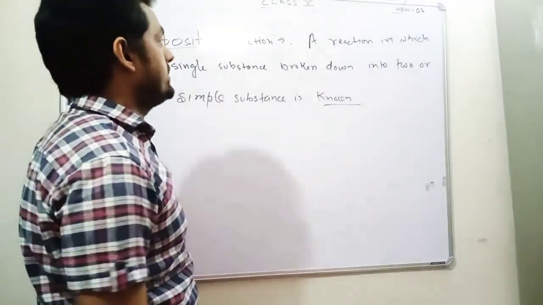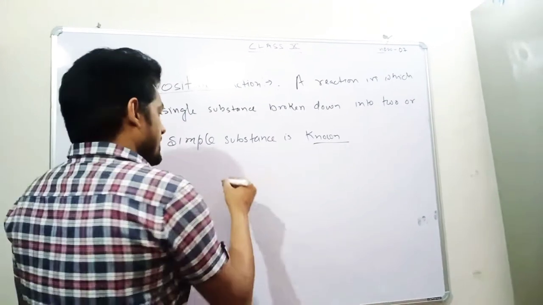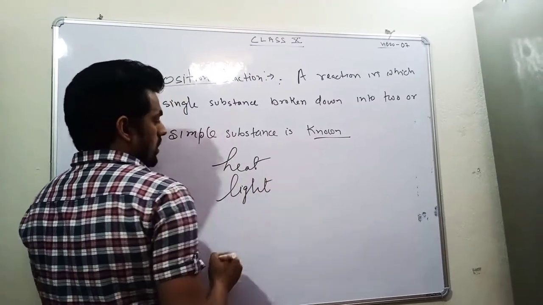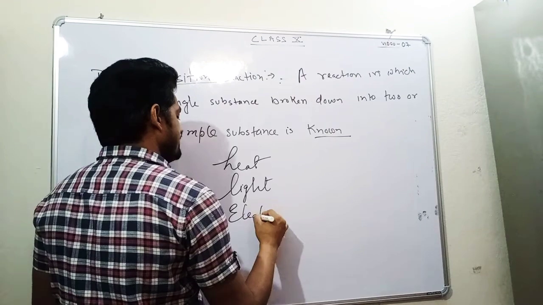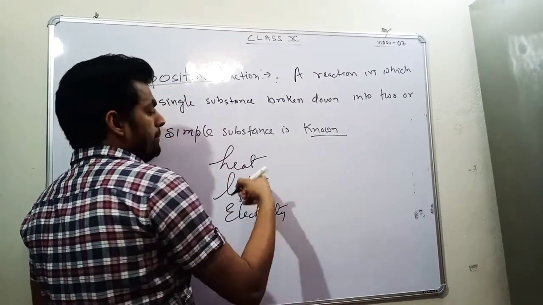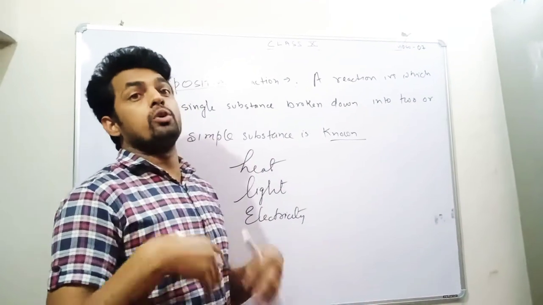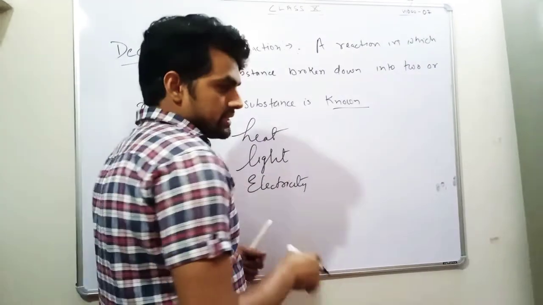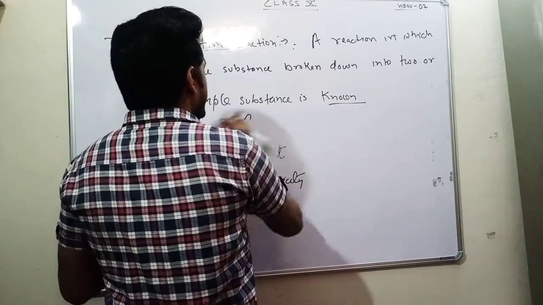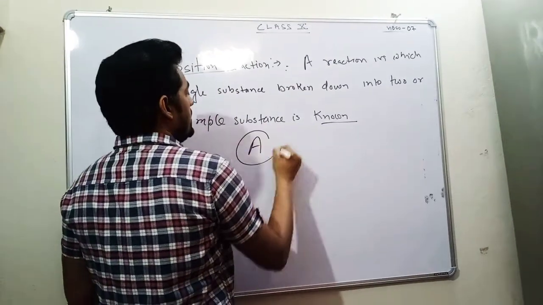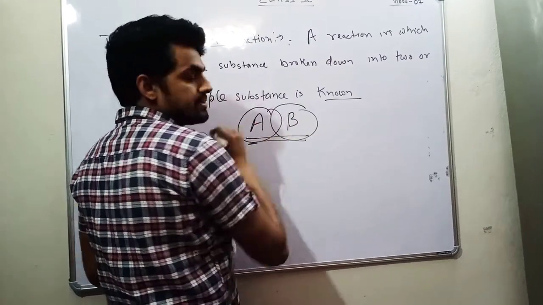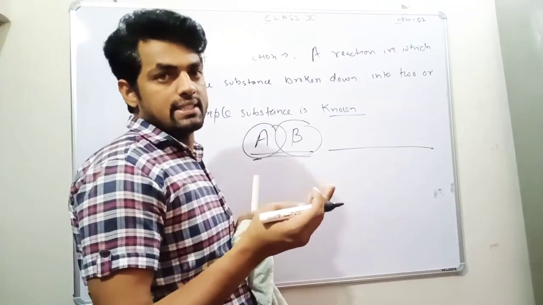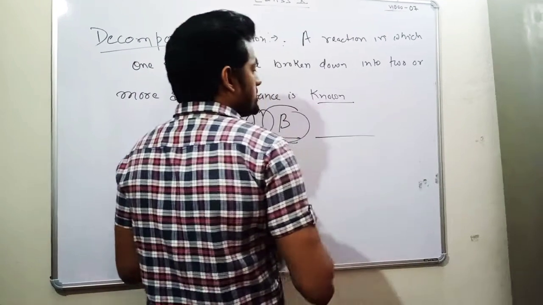A reaction in which a single simple substance is broken down into two or more simpler substances by supplying heat, light, or electricity is known as a decomposition reaction. Suppose AB is a single substance, and whenever we supply heat, light, or electricity, it breaks down into two or more simpler substances.